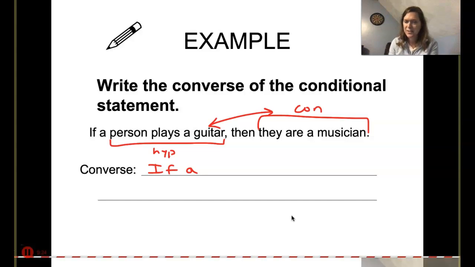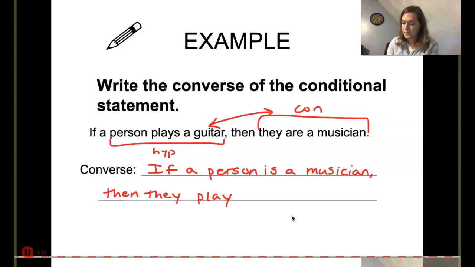If a person is a musician, then they play the guitar. So that would be my converse. So I just flip-flop the conclusion and the hypothesis.